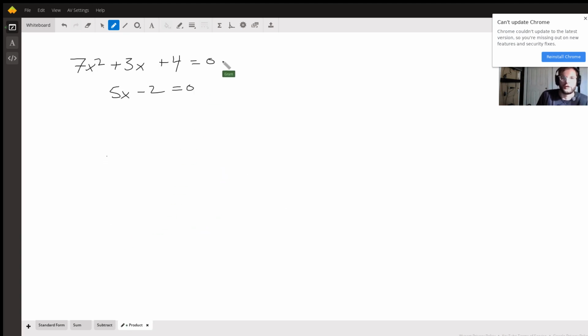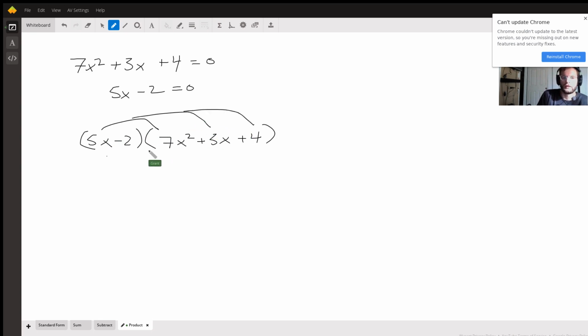So now if we go on to the product, this becomes a little harder, and it is easier to write it with the small one in parentheses times the larger one, 7x squared plus 3x plus 4. Basically, you use the FOIL method, right? And then you add all of those things together.